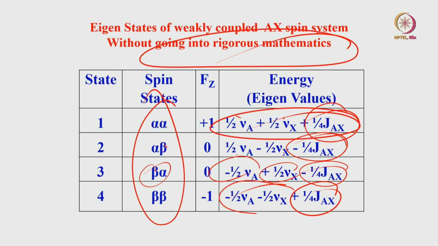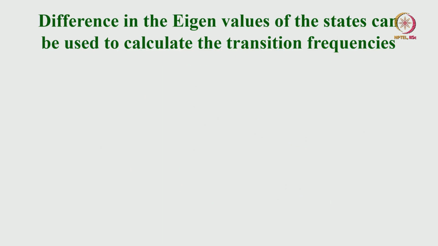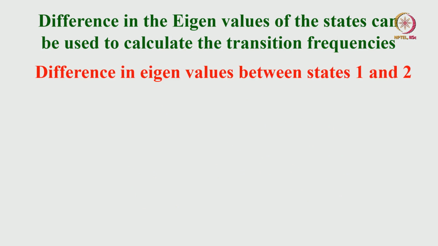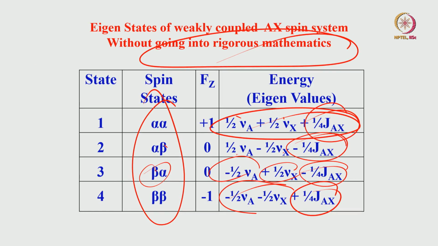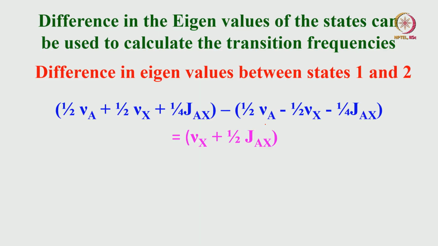Very easily you can calculate, quantum mechanically you can work out the eigenvalues, and then the difference in the eigenvalues gives you the frequencies. For example, go back here, you take 1 and 2 and calculate the difference, and you will get nu X minus half J AX.